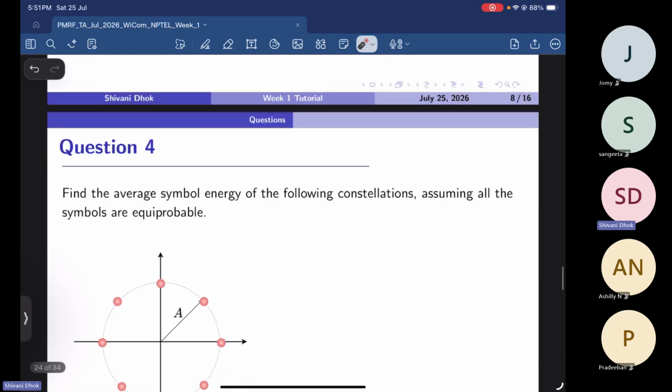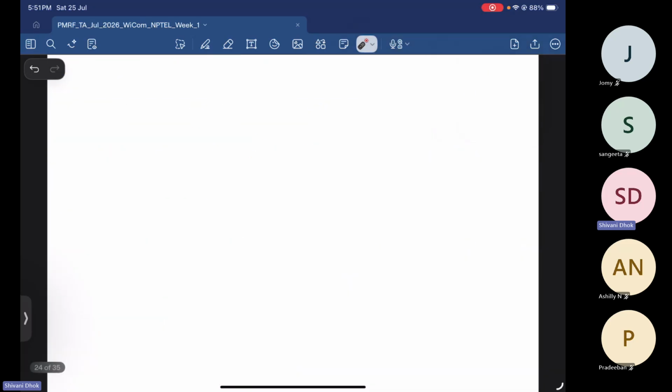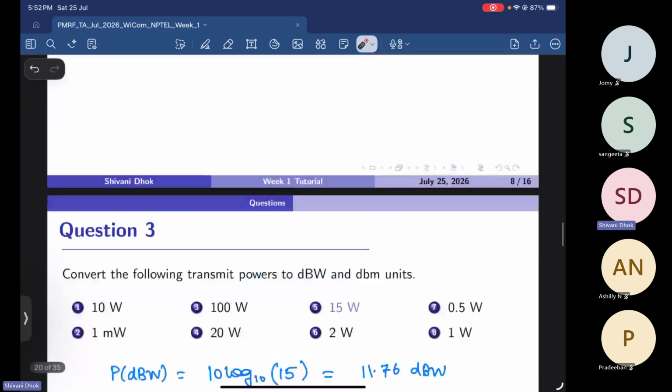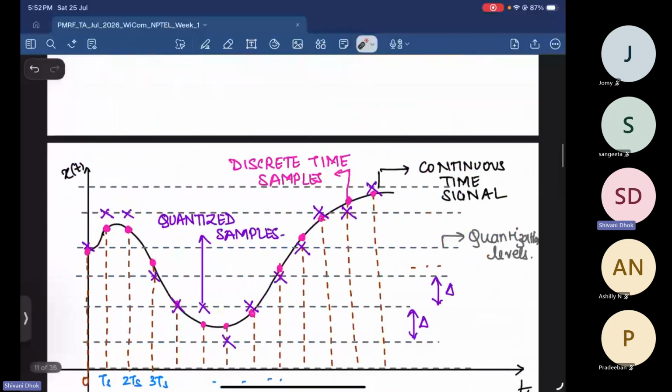Before going ahead with the next question, I'll again introduce a basic concept of digital communication that you might be knowing, but still I'll just give a quick recap. So if we go back to our thing here, quantization.